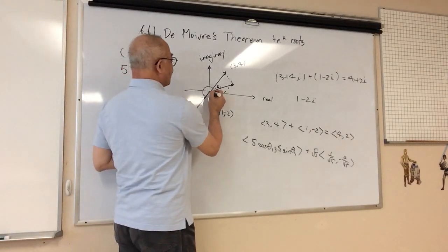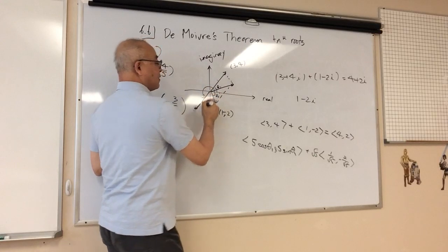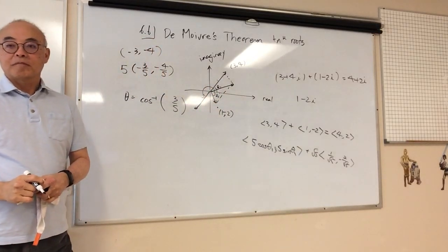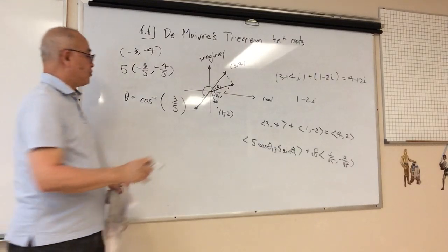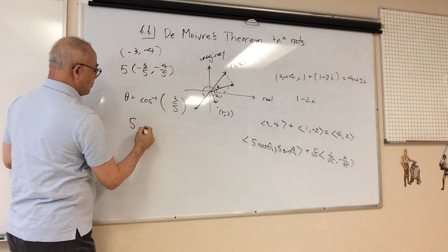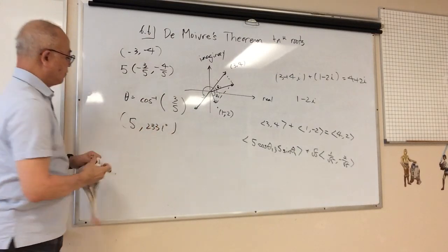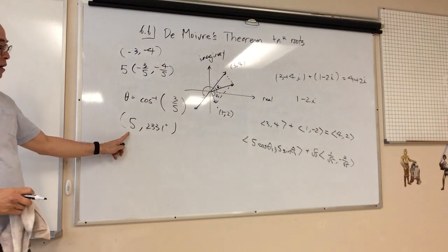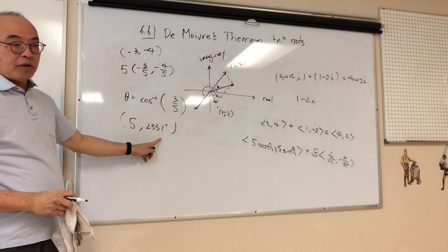He's finding this angle up here, and then adding 180 on top of that. And what did you get? 233. So you're going to get 233.1. Again, modulus, argument.